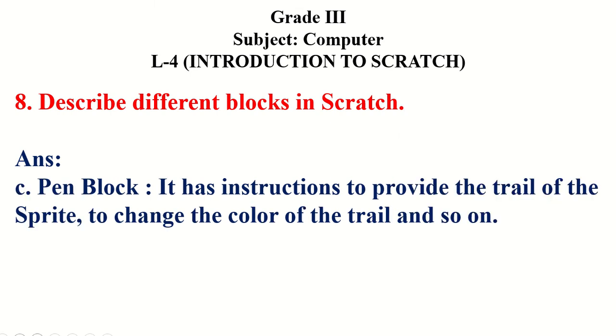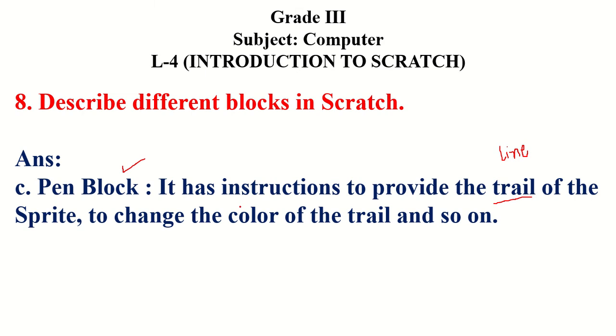Next is the pen block. It has the instructions to provide the trail of the sprite. Here trail, I told you, means line. So if you want to draw a line or any shape on the stage, then with the help of the pen block, you can draw that line or shape on the stage.